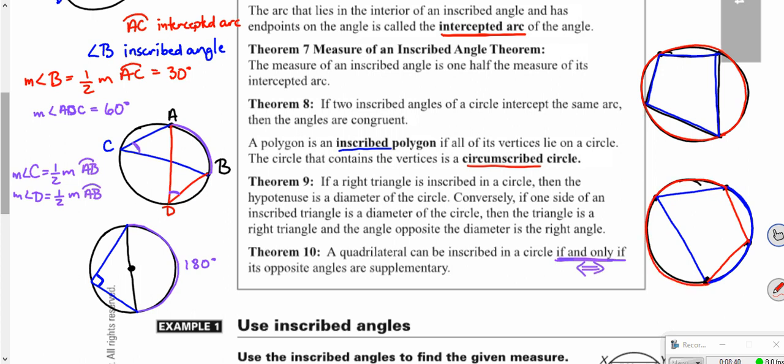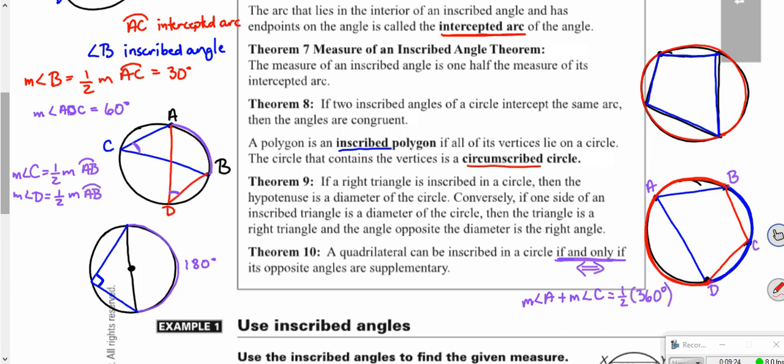So let me label these A, B, C, D. So what I could say then is that measure of angle A plus measure of angle C has to equal 1/2 of 360. Because would you agree that this blue arc is the intercepted arc of angle A, and this red arc is the intercepted arc of angle C, and obviously together they form a full circle, so it's 360 degrees.